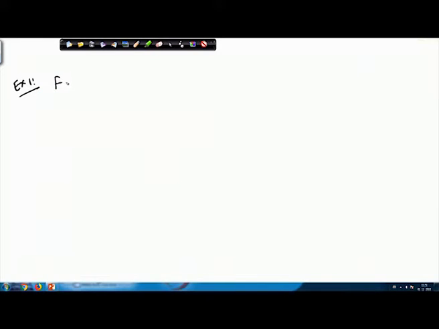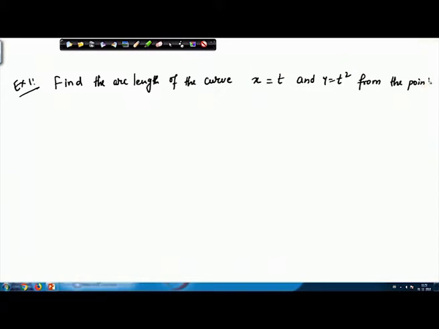Find the arc length, or length of the arc, it's the same thing, of the curve x equals t and y equals t square from the point t equals 0 to t equals 1.